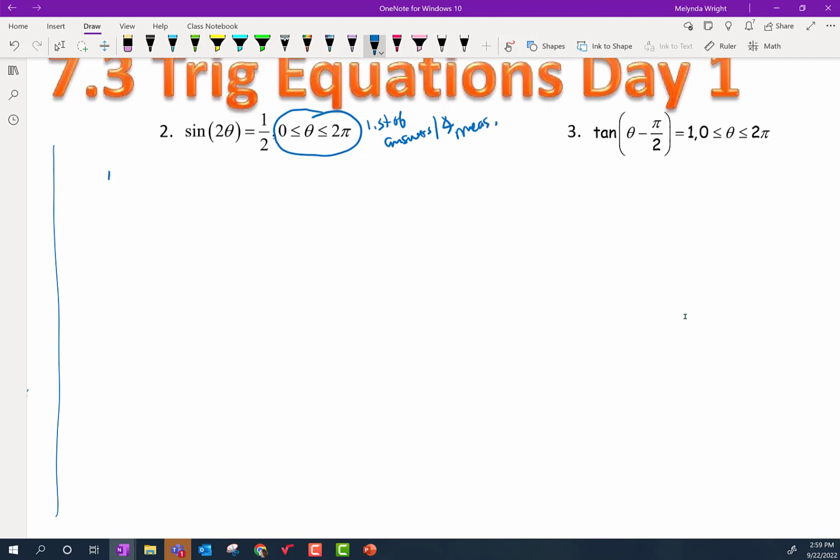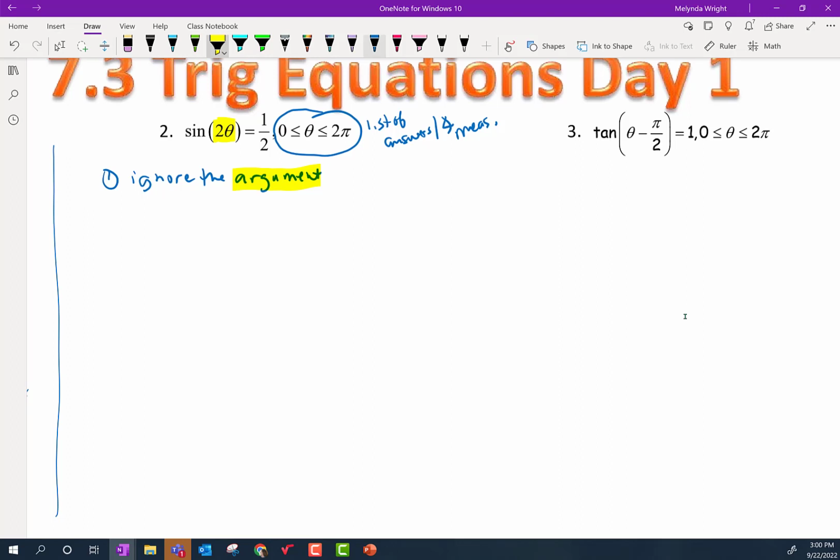So the first step, what we do with ones like this, is ignore the argument. So what do I mean by argument? This is the argument. I'm going to color code it in yellow.